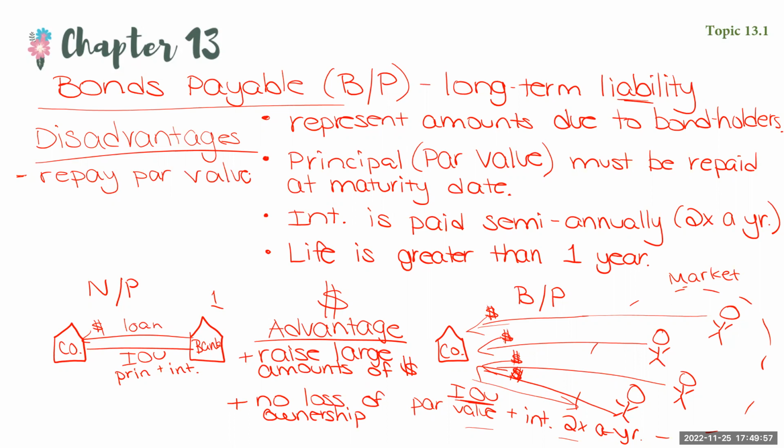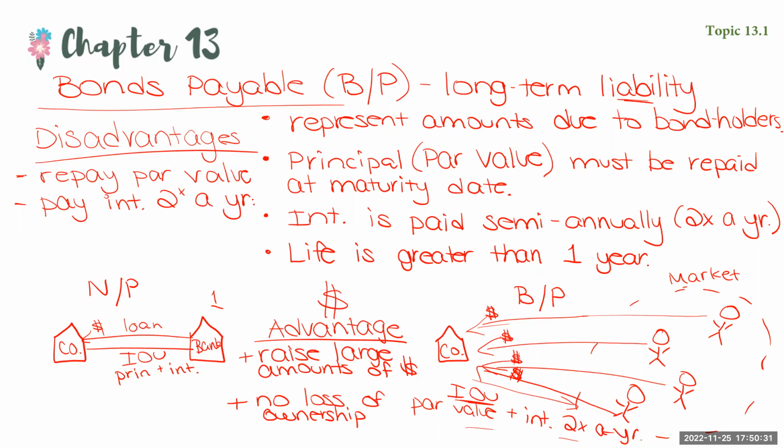They're giving you money because they hope they're either going to get dividends or that the stock that they purchase is going to appreciate. Okay, so that's a disadvantage of a bond. We have to repay the par value, and you must pay interest 2 times a year. And that can be hard. You have to make sure you're managing your cash flow so that you have enough cash to make 2 interest payments every year. And that can be quite sizable, right?